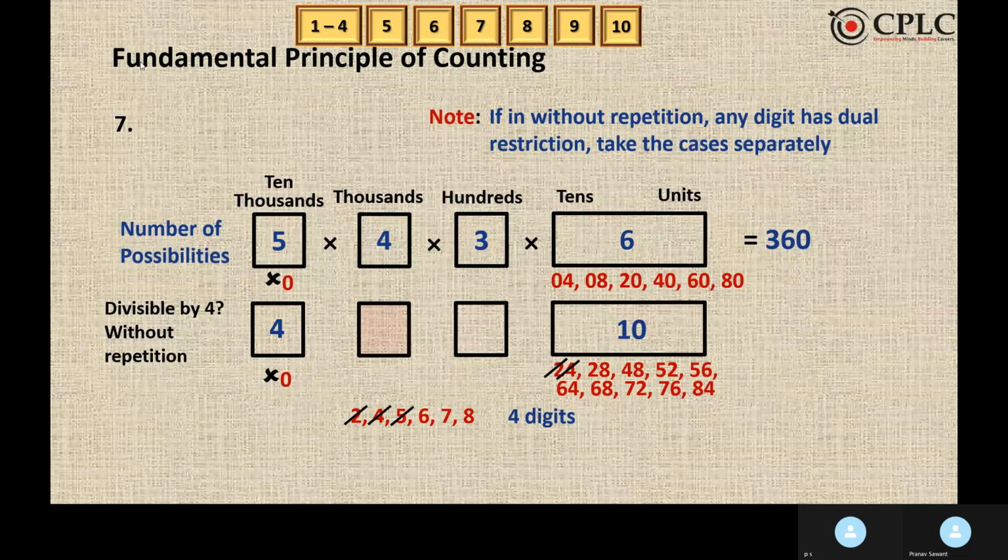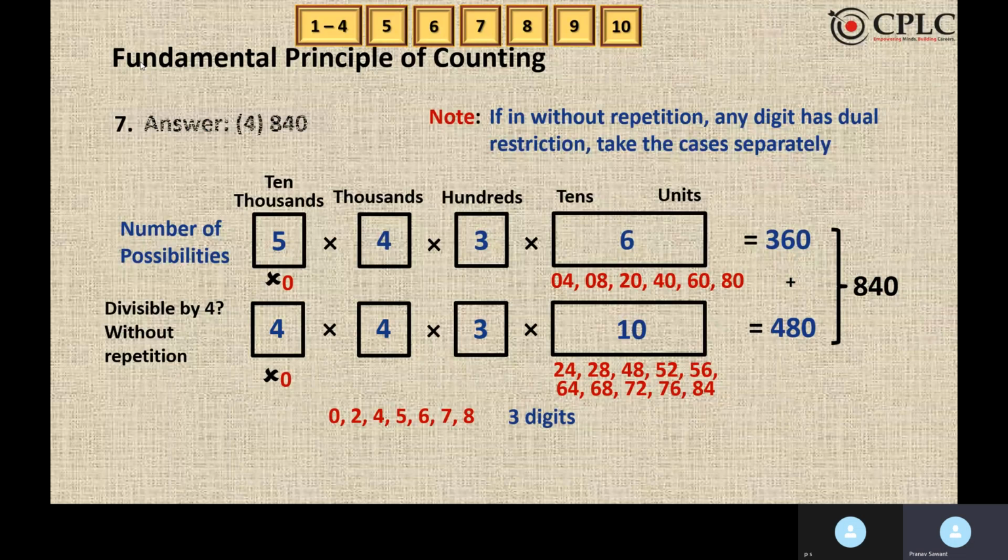At thousands place, we can consider zero. Hence, again, four possibilities would come. At hundreds place, three possibilities. Product is 480. 360 plus 480 is 840. Answer is option 4, that is 840.